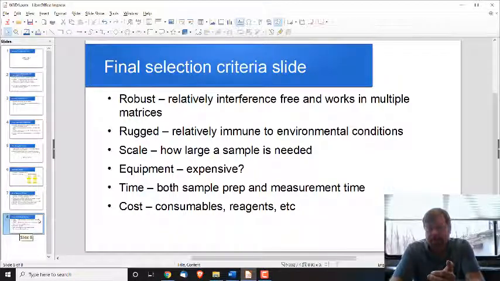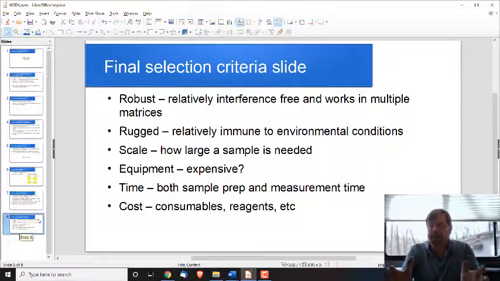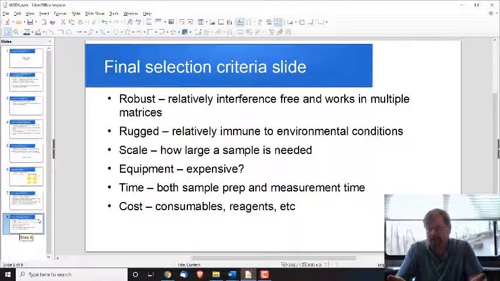Equipment, a lot of times there's a trade-off between very expensive equipment that will work with a smaller sample in less time, and frequently less expensive chemicals, versus something that's going to use very cheap equipment but might take 56 hours, but it will be very cheap to set up.